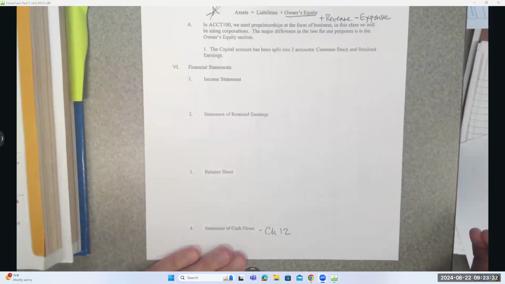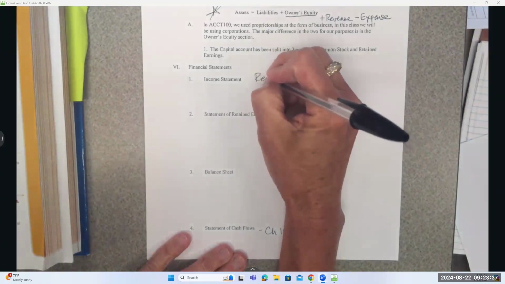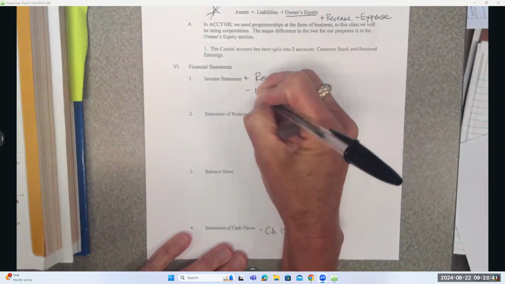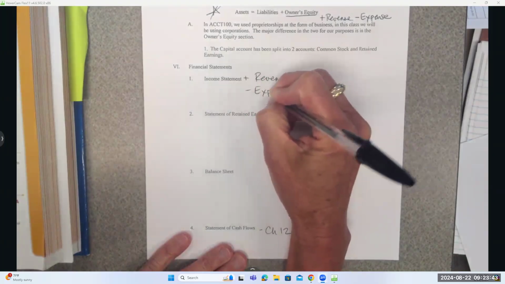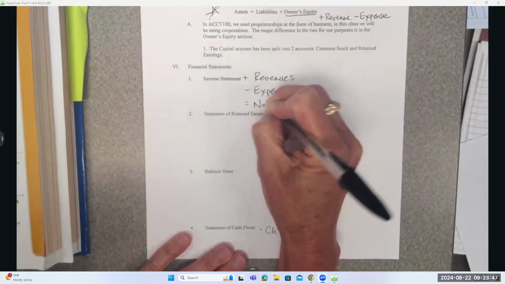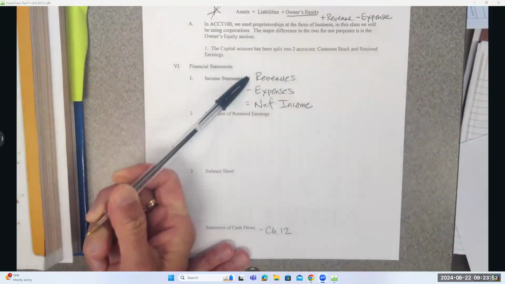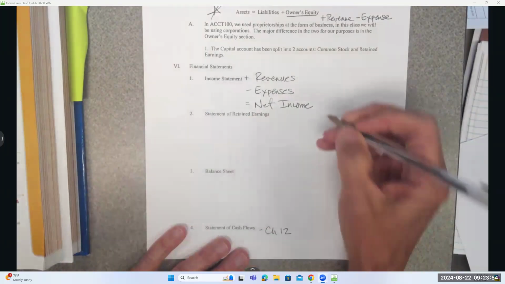But the other 3 statements are the same. What goes on the income statement? Our income statement reports revenues minus expenses equals net income. If we earn more than we use, it is net income.